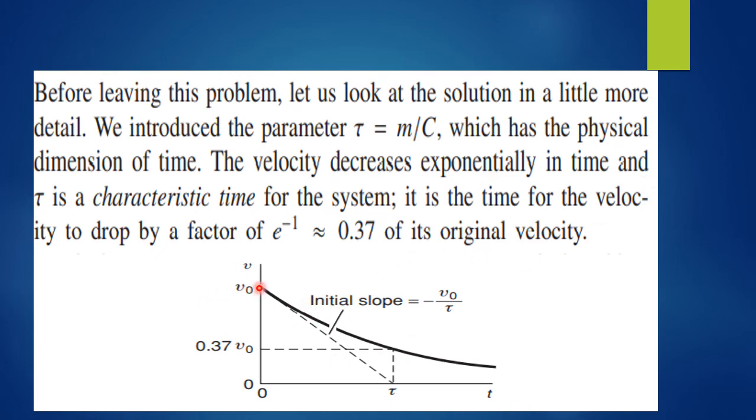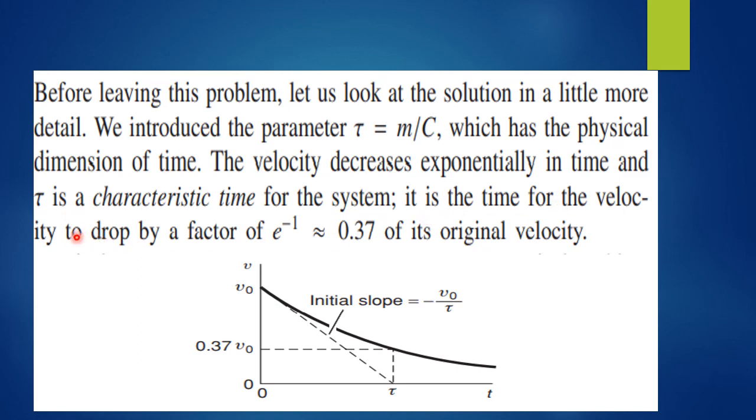This is the maximum value v0, and it decreases with time. This is the initial slope, minus v0 by tau. This is the value at which v becomes 0.37 times v0, or 1 by e, a factor of e raised to minus 1. The velocity decreases exponentially in time and tau is the characteristic time for the system.